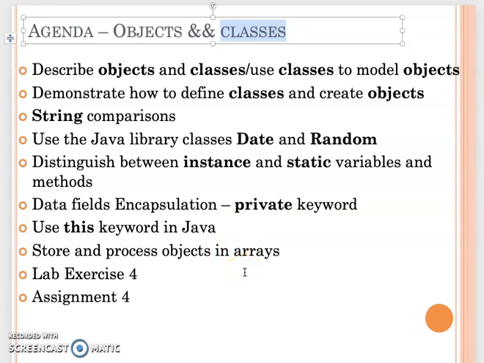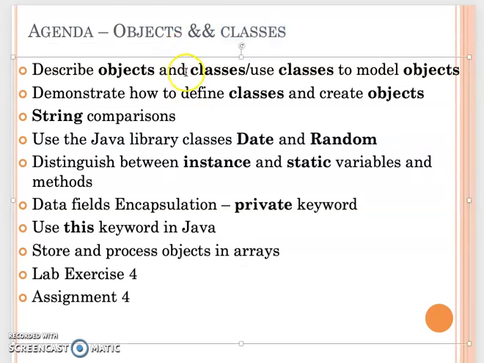Simply put, for the object-oriented concept, we need to create a class, and the class can be a data type. From the same class, we can create objects of the same data type. So we will learn how to define a class and how to create objects from this class.